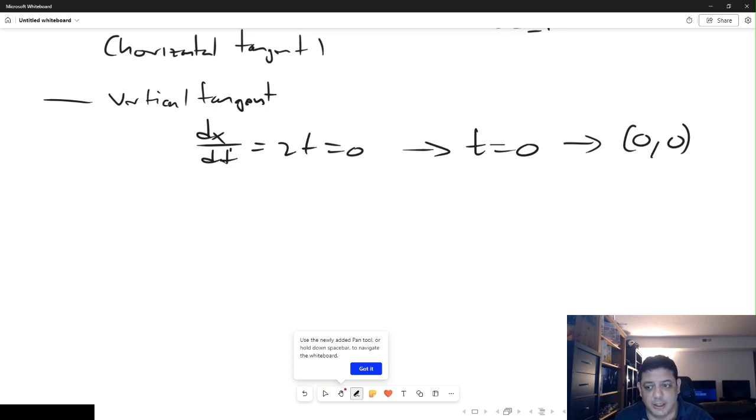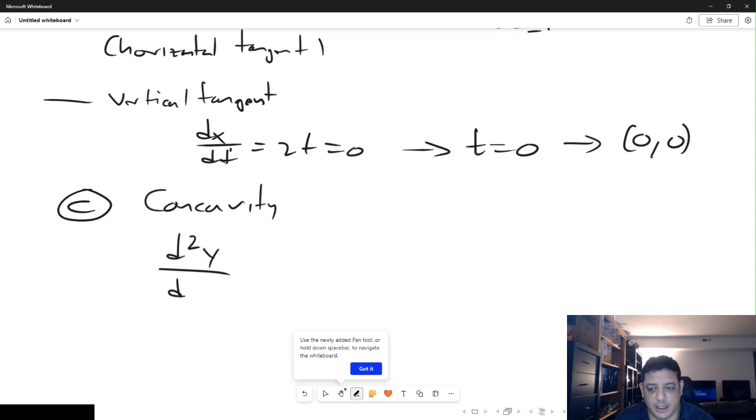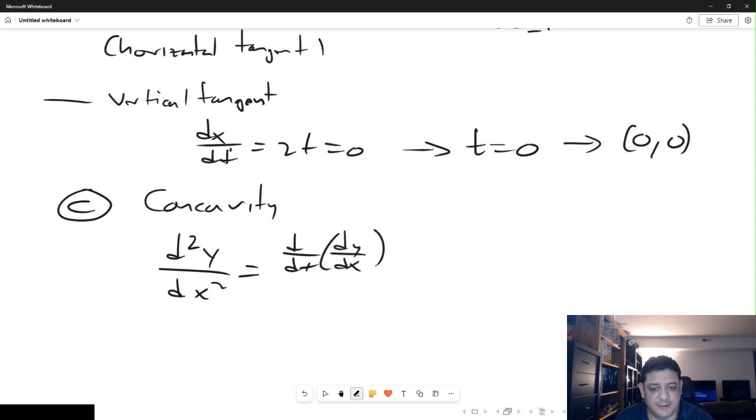So C, concavity. And so remember, we want to find out what the second derivative of y with respect to x is going to be. And by definition, this is just the derivative with respect to t of dy/dx, over dx/dt again.